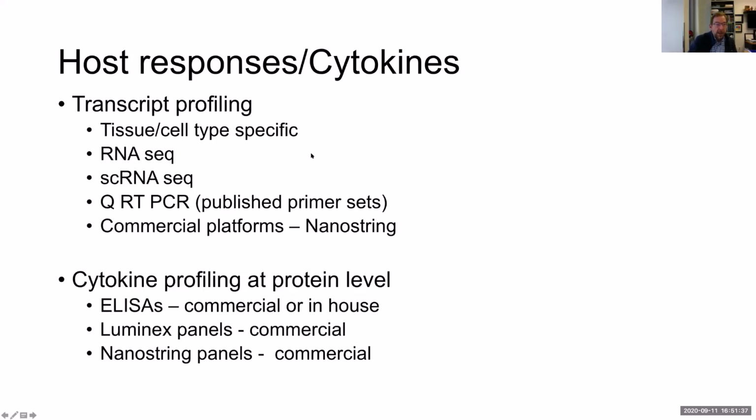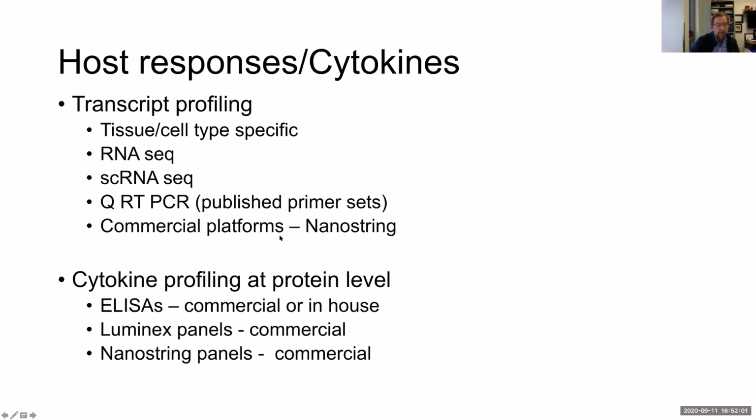And the last thing I had was just looking at host responses or cytokines. This could be done in tissues or specific cell types. You could evaluate it at the transcript level with RNA-seq or single-cell RNA sequencing, RT-PCR. I mentioned some primer sets at the end of this.